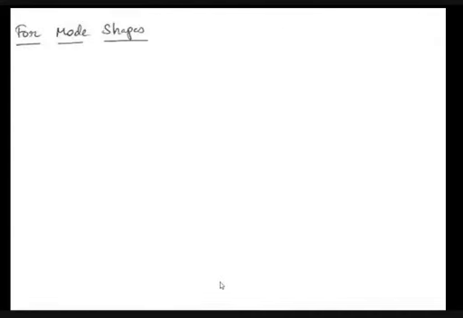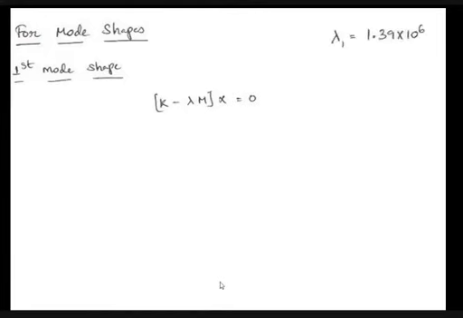For mode shapes, or to find out the eigenvectors, for first mode shape, I'll be considering k minus lambda m into x is equal to 0. Here if you observe, lambda will be equal to lambda 1 value. So what is the lambda 1 value that I am having? 1.39 into 10 to the power of 6.